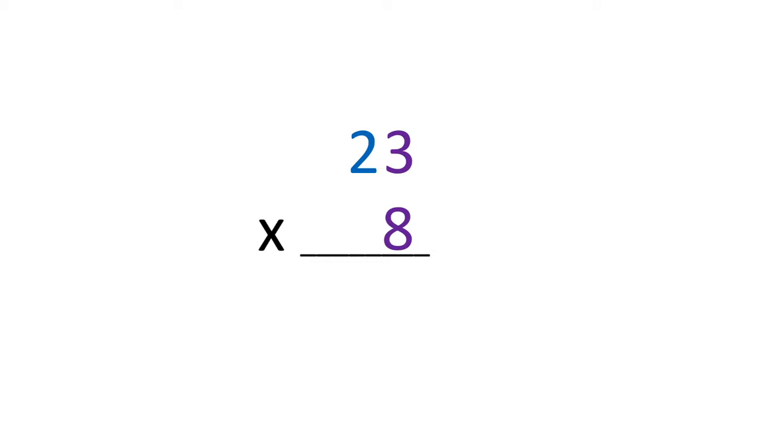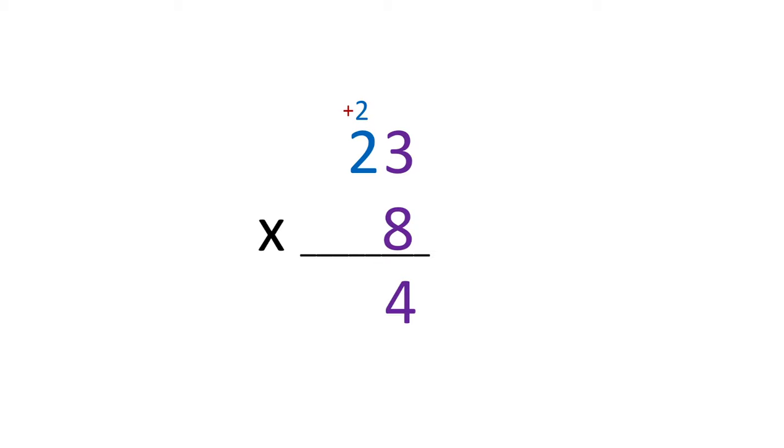No. I've still got more things to multiply, so I can't just write 24 on the bottom. For 8 times 3, I've got to put my 4 down here and my 2 up top. Should I add these together first? No. We do this very, very last.